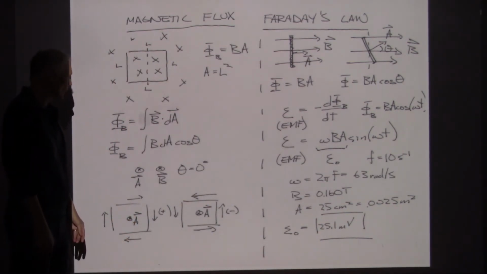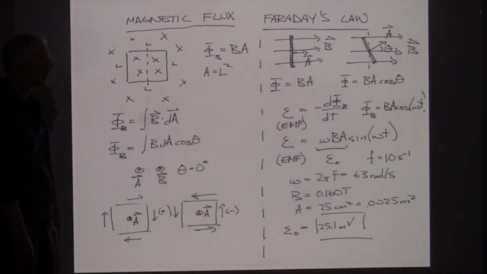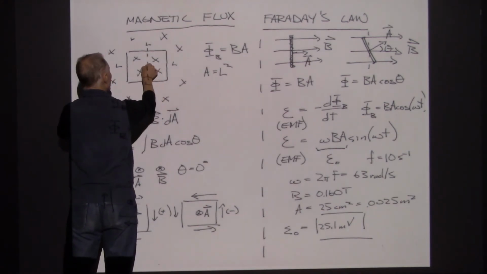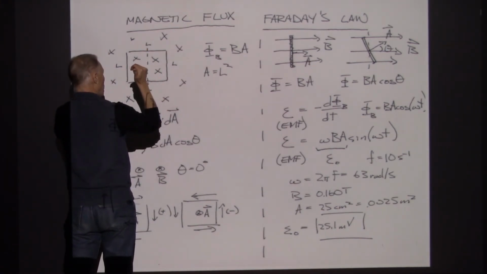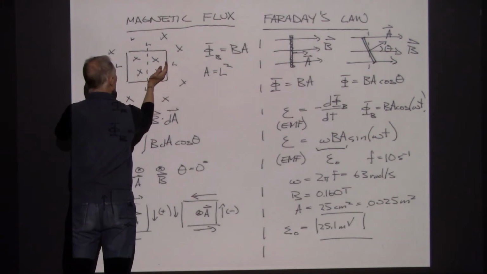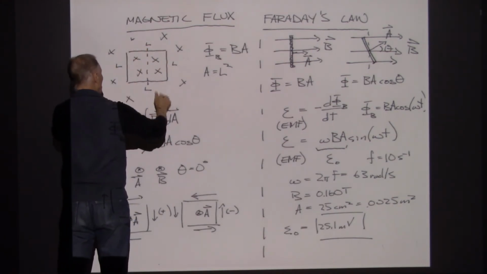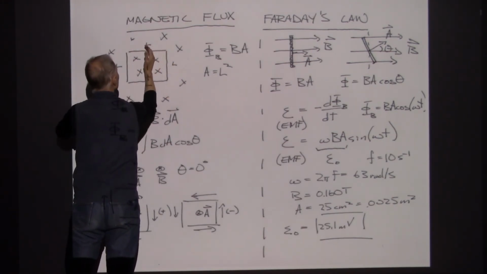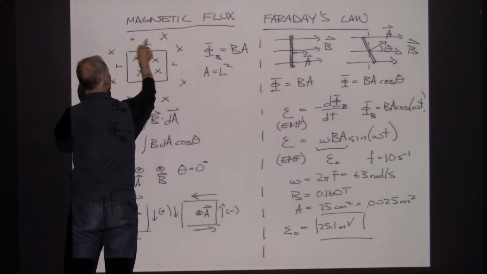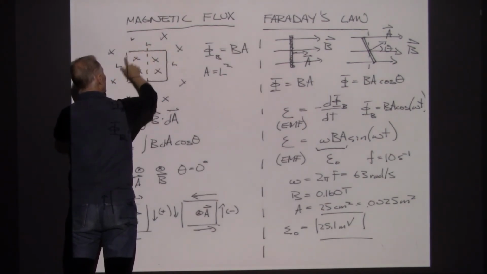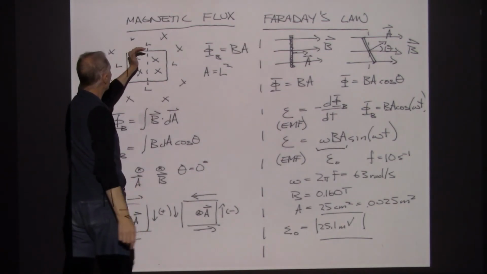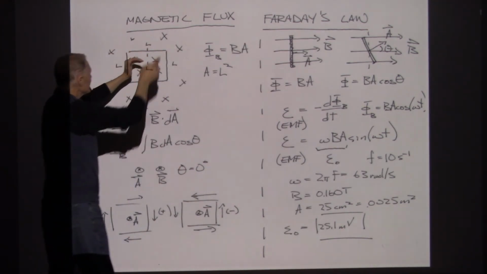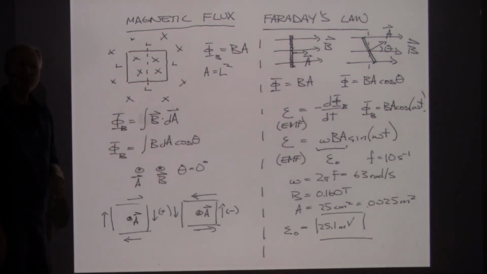Now we also could have defined the area vector the other way. If I had chosen to have the area vector come out of the board, then positive direction would still be given by my right hand. My thumb points out of the board, and so my fingers are pointing in this direction, and then negative would be opposite. Now, if you think about that, you go, well, wait a minute, how can it be reversed?